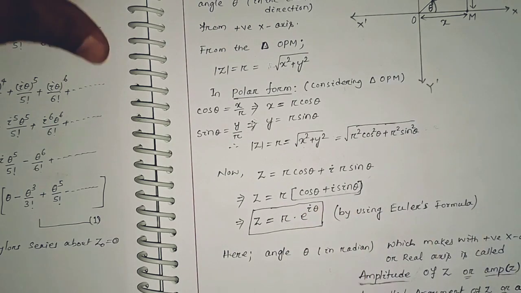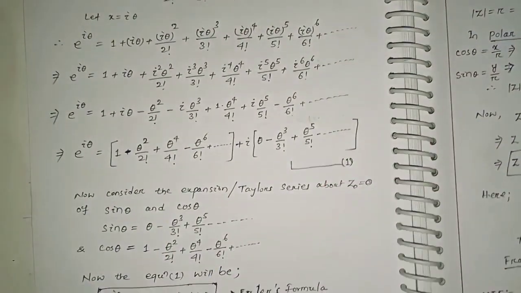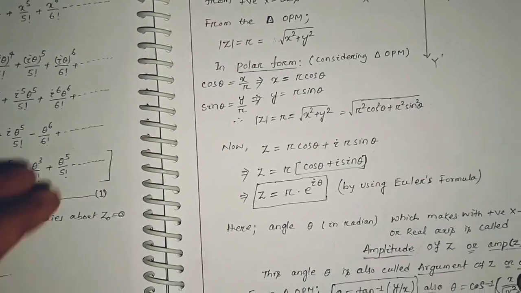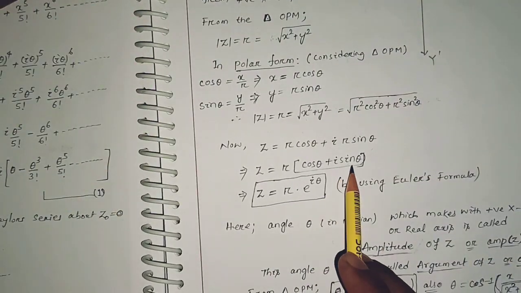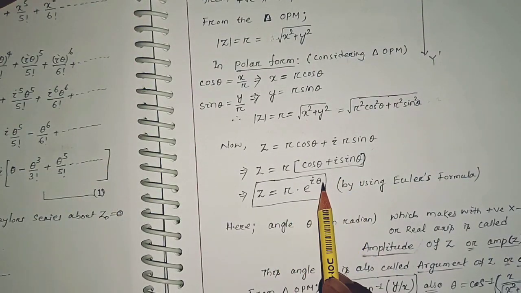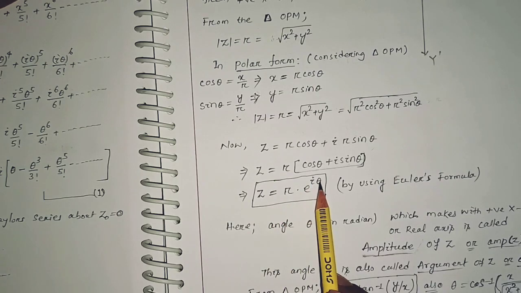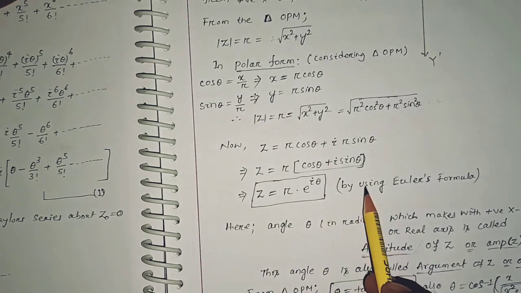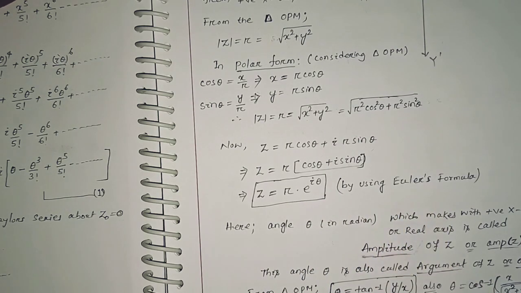Cos theta plus i sin theta, according to Euler's formula, is nothing but e to the iota theta. So we substitute there, and z will be r e to the i theta.